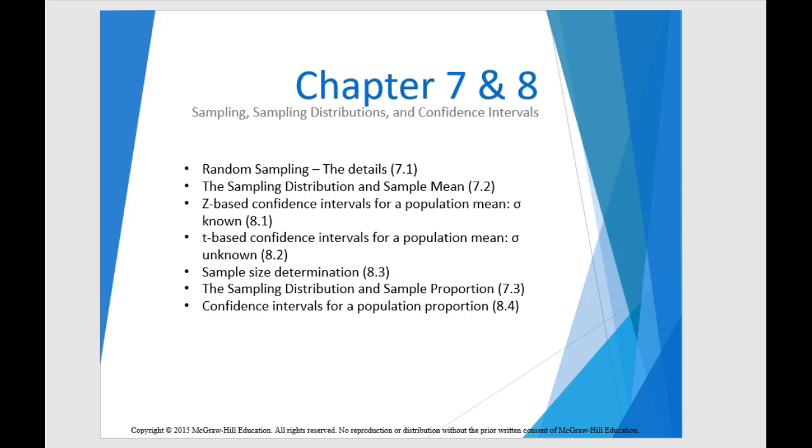And the thing that you need to understand the most is the normal. And then we also did the exponential, which I don't think we'll really see much going forward in the course. But the main thing about chapters 5 and 6 is that we learned how to deal with probability distributions.